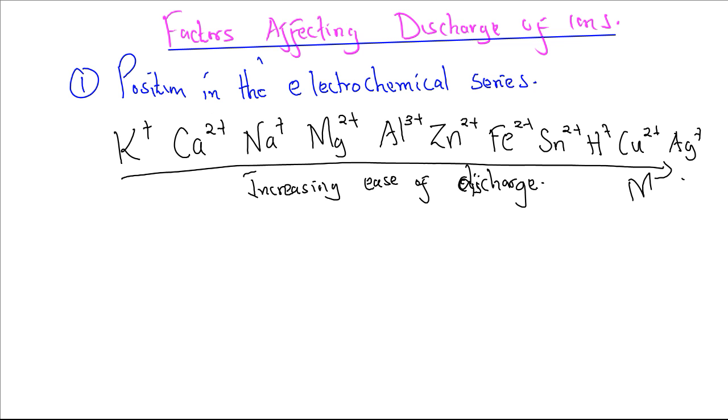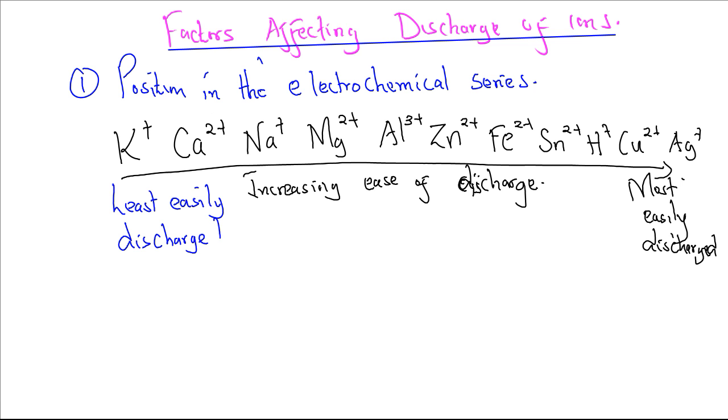So this is the side for most easily discharged. Takes very small amount of energy to be discharged. These ones, the other side, least easily discharged. The lower the substance is in electrochemical series, the easier that substance is discharged.